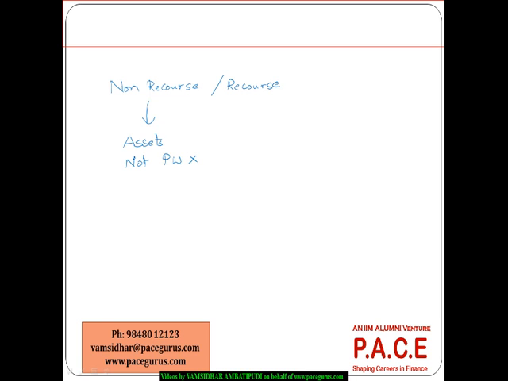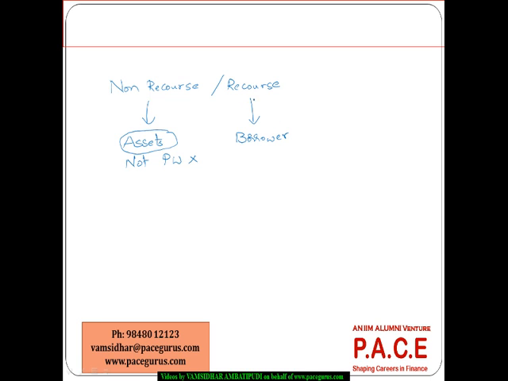So in case the borrower has defaulted, the lender at the max can take the possession of the house and not anything else of the borrower. Whereas in case of recourse, that is not the case. The lender can really claim anything of the borrower. It's not just the house or the possession of the property. He can sell the property, and any shortfall he can recover from the borrower.